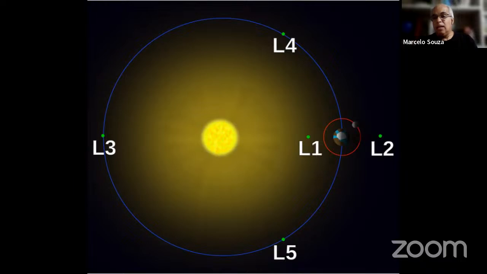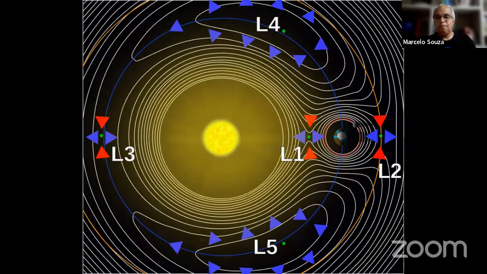In other ones, like L2, you have the gravitational force from the Sun and from the Earth, and both together work like a centripetal force, and then the satellite in L2 can follow the Earth in its orbit around the Sun. Then the James Webb is in position L2.